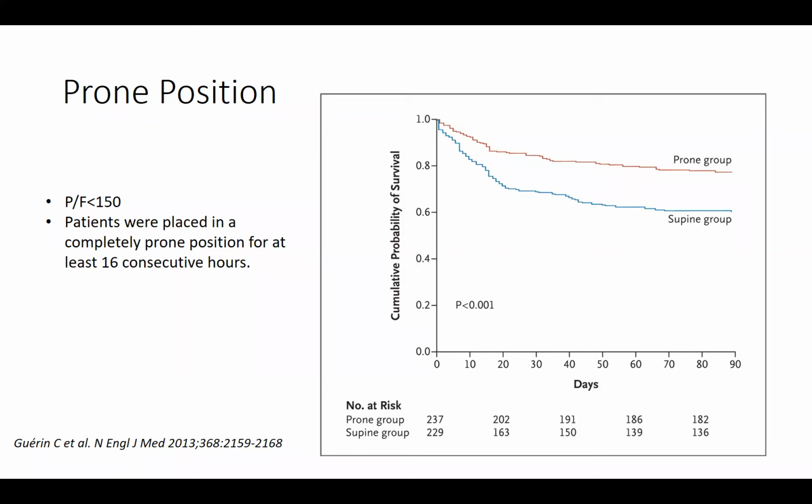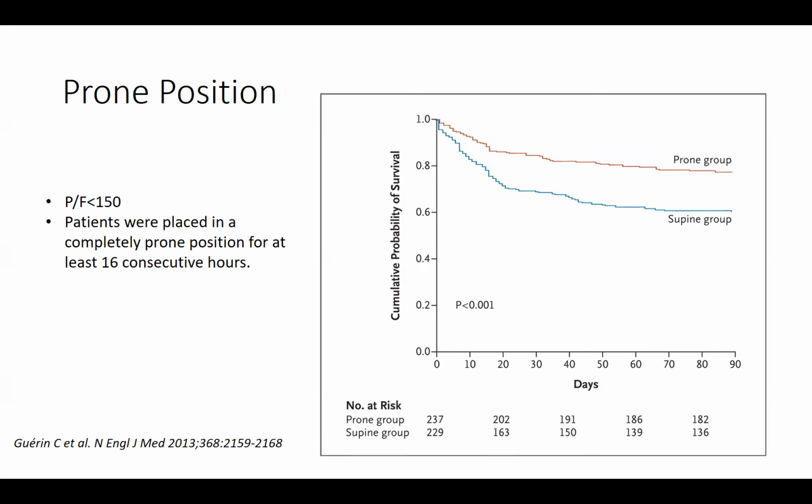And were they just lucky that they got this that one time? Nobody has tried to replicate it since, so I don't know. But it was a well-conducted randomized controlled trial, and this was the result. And I think until we have data showing something different, we should be proning patients who meet these criteria.